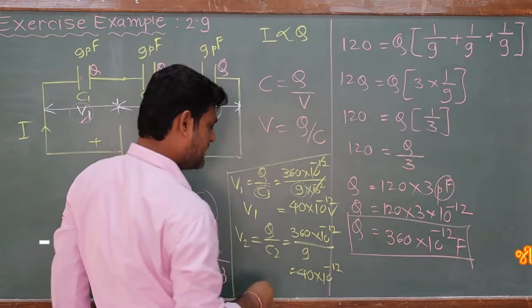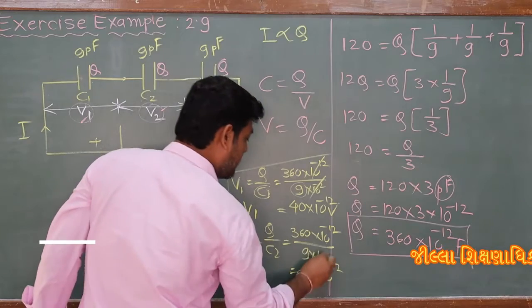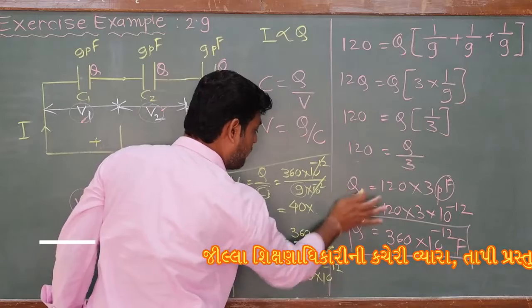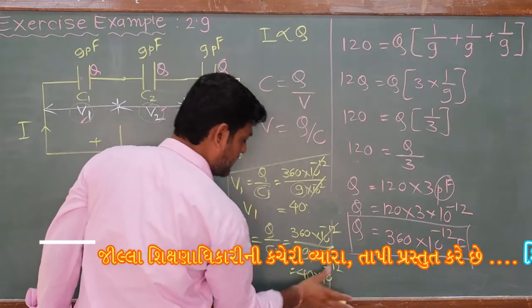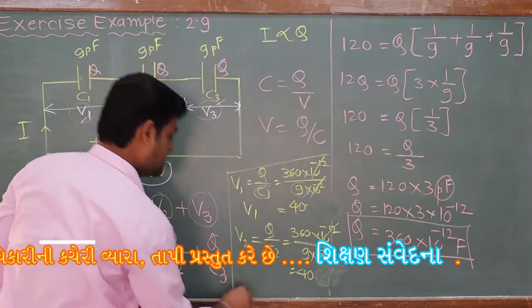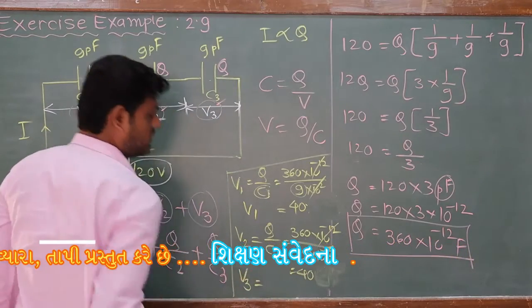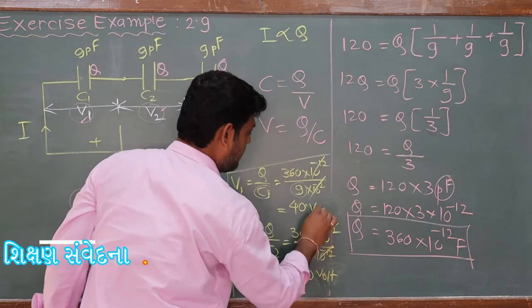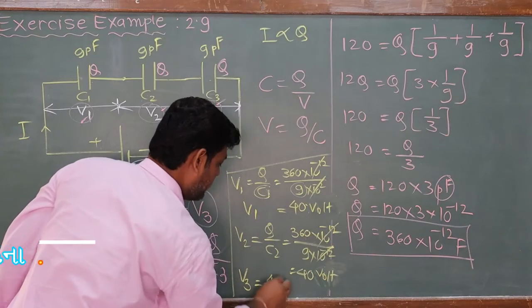The minus 12 gets cancelled. So only 40 will be the answer. Here also only 40, right? Similarly, for V3 also, we can get the answer 40 volt.